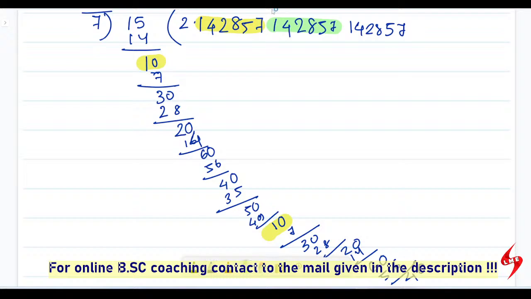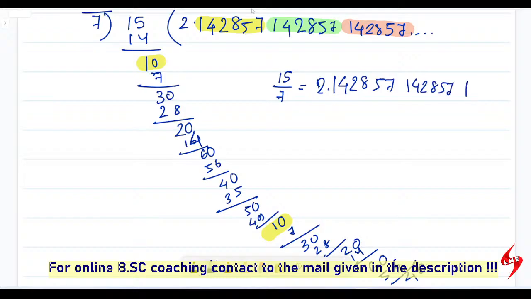So this is the decimal expression repeating periodically. So 15 by 7 will be 2.142857, again 142857, again 142857, and so on. You can see that this term is repeating. I write the repeating term only once and put a bar over it. This is the bar.